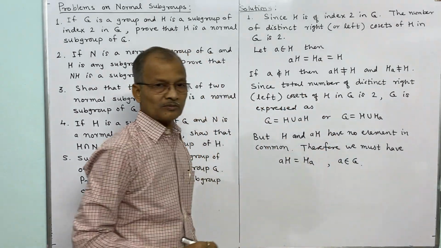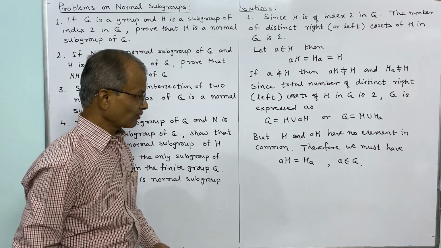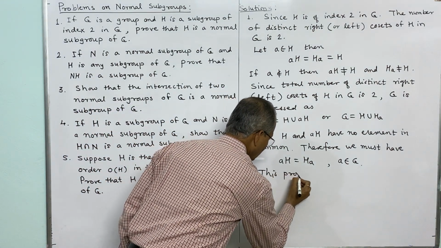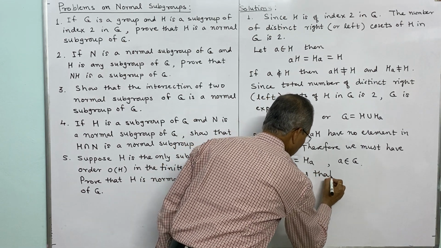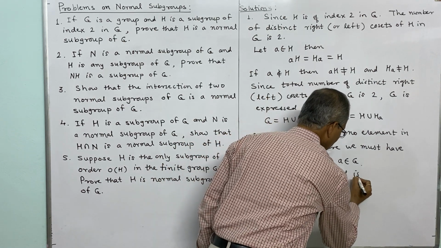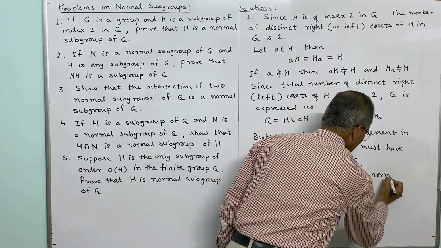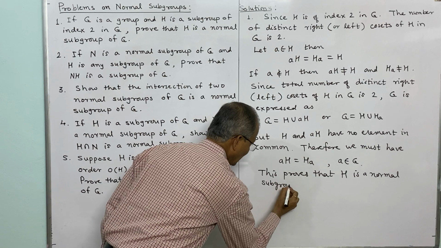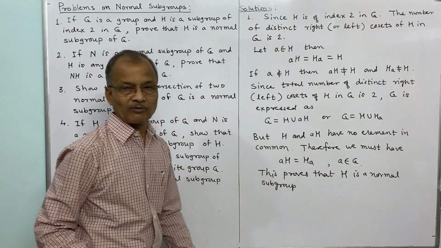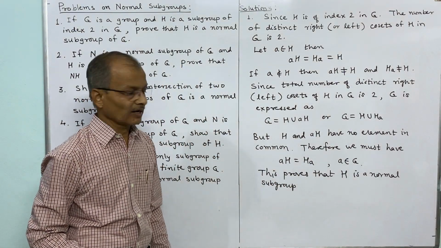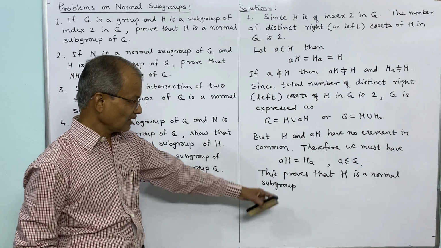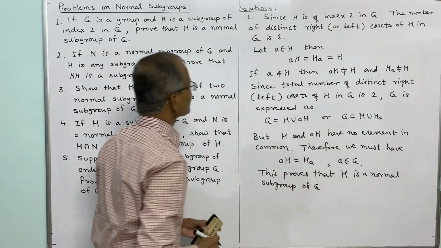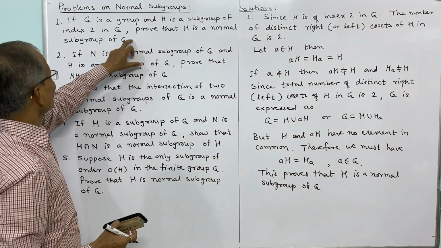And thus this proves that H is normal subgroup of G. This is a lemma we have proved: if left coset is equal to right coset, then H is normal subgroup of G. So this completes the solution of first example.